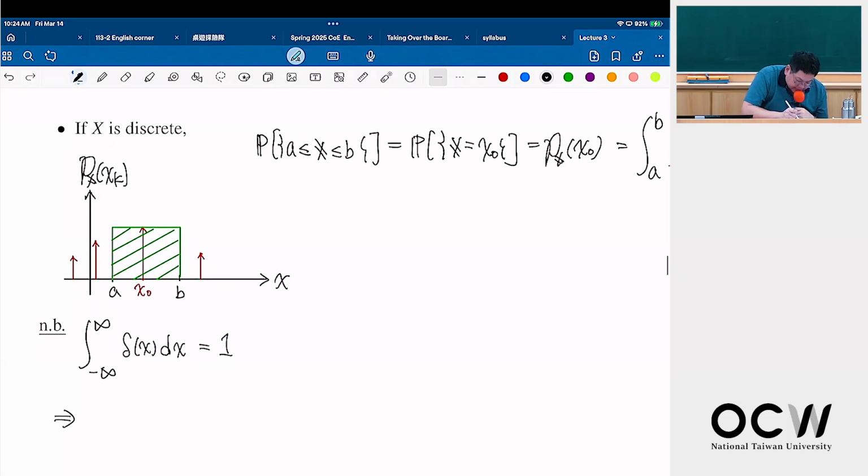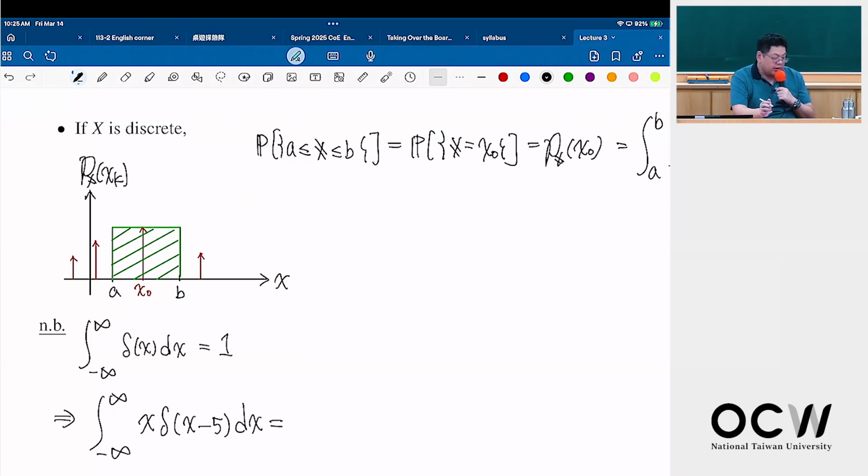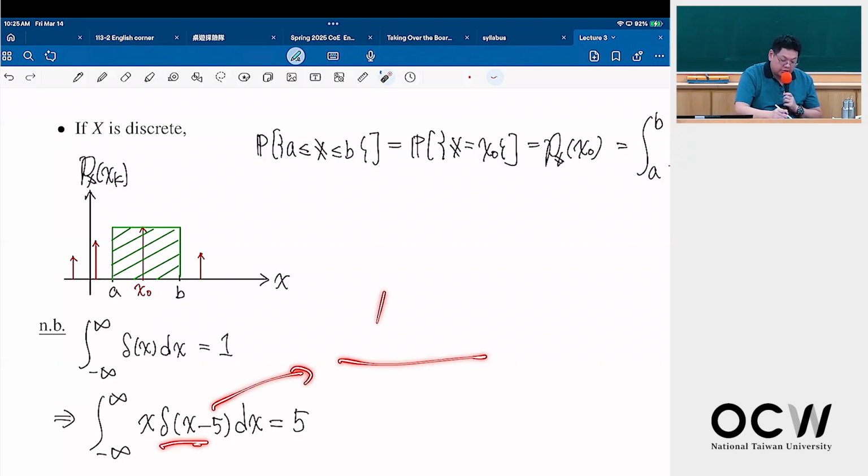So if I do the shift, the integral of x times delta of x minus 5 dx, I only have a value at x equals 5, so this is 5. This shifts to 5, and I have an impulse.